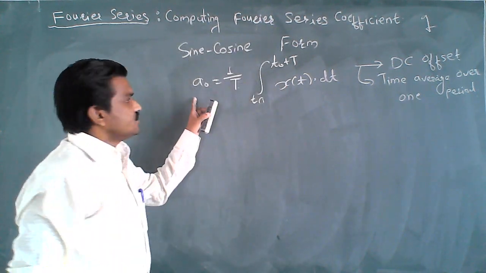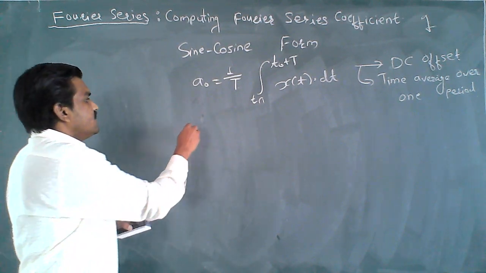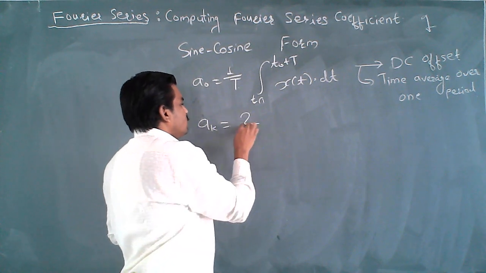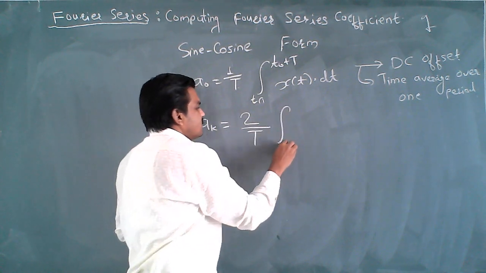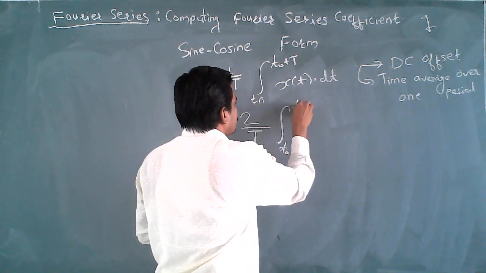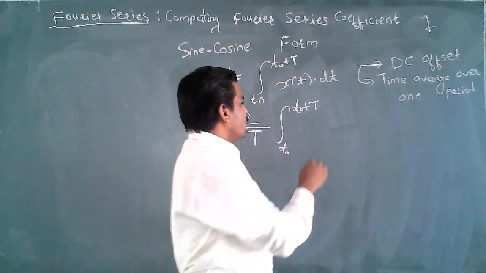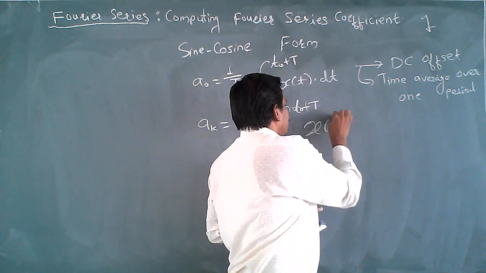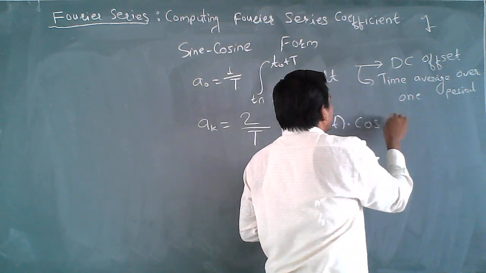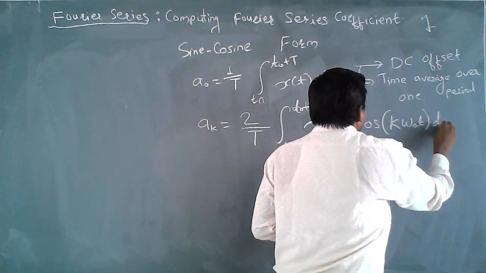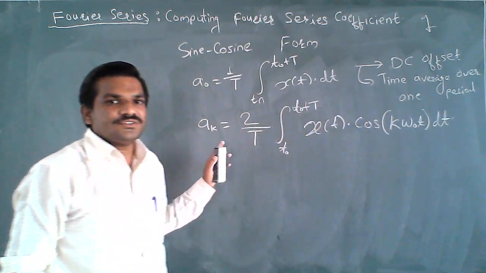So for a0 we have this equation, then we have ak. ak is nothing but 2 by T integration from t0 to t0 plus capital T of x of t cos of k omega 0 t dt. This is your ak.